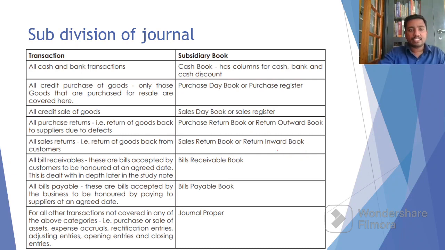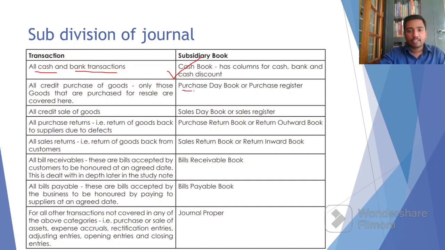This is the list of all subsidiary journals. The first one you can see is the cash book, and the cash book records all cash and bank transactions. This is a glance of all those things which we are going to discuss today. The first and most important subsidiary book is the cash book, where we record all cash transactions and bank transactions.